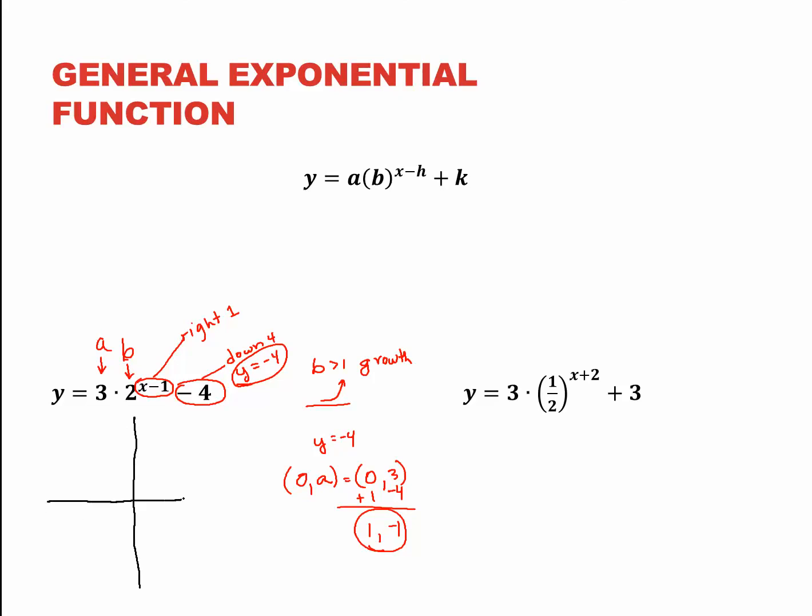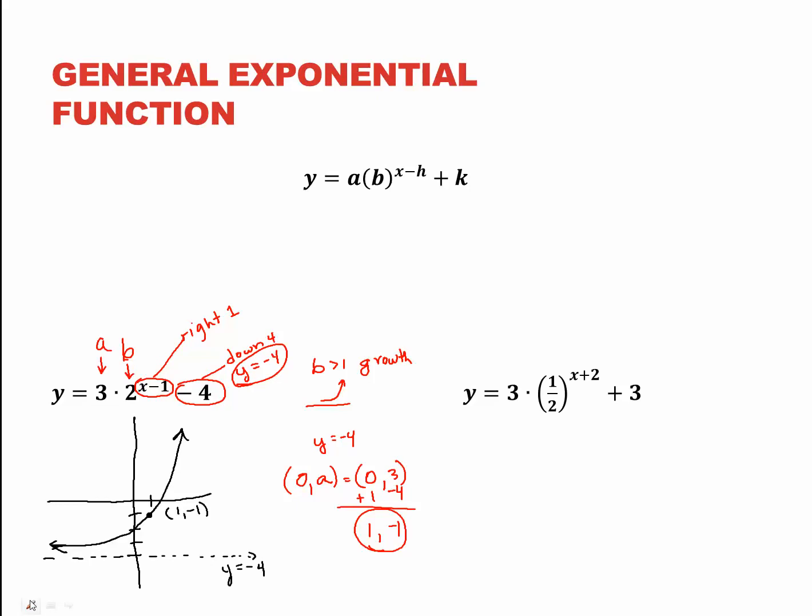So we're sketching this, and you plot 1, -1. y equals -4. And it's regular growth. Make it to the point. There we go. That's what it would look like.